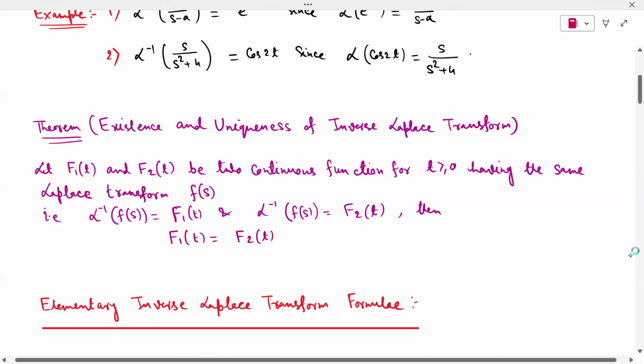It is not possible that you get two different functions. For example, for integration, if you take the integral of x dx, you get many answers, because the integral of x is x square by 2 plus a constant. If we change this constant, the answer always changes.